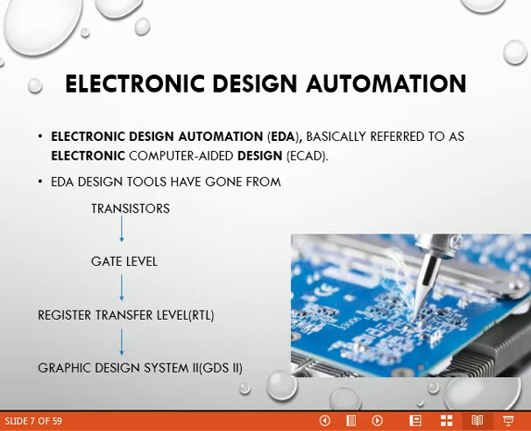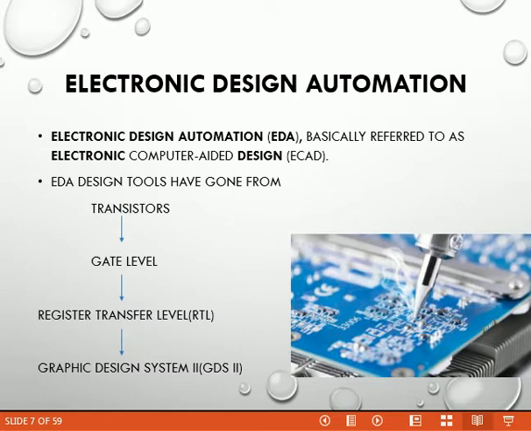Now if we require that system in a large quantity, it may become more economical to develop an optimized system dedicated to that particular application. A chip implementation for such an optimized system is called an application specific integrated circuit.